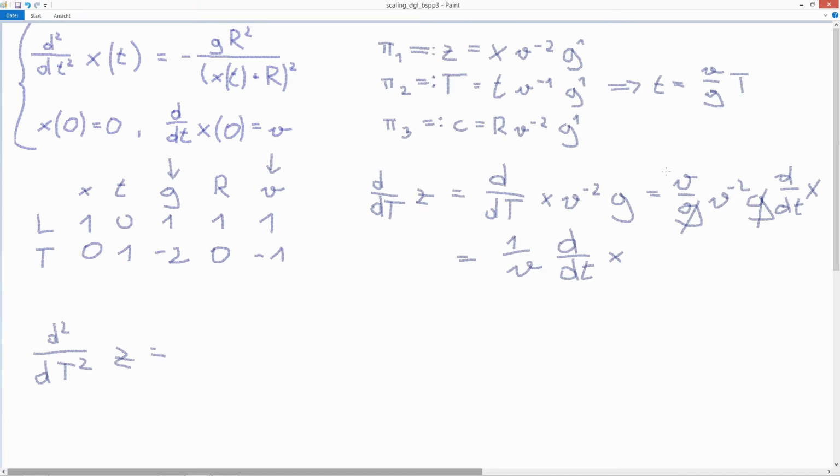So we get this factor here again because we have to differentiate t again with respect to capital T. So in the end we get the following.